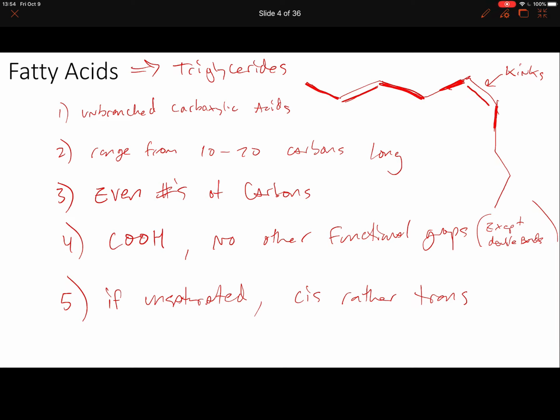In fact, that's an important physical property of triglycerides, is that depending on the fatty acid component, the number of kinks that there are, the melting point of that fatty acid can be affected. So let's talk about the physical properties of triglycerides. Melting points of fatty acids will increase.